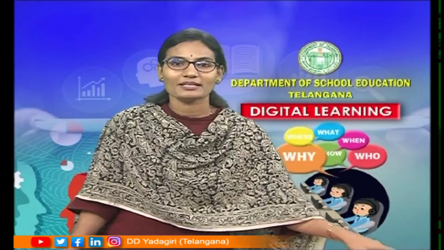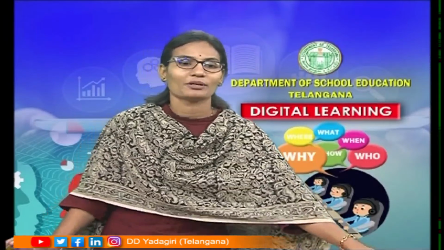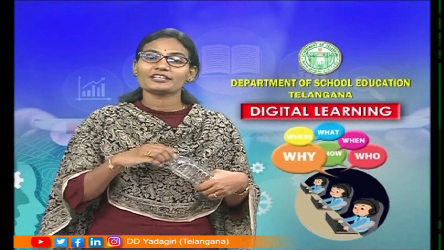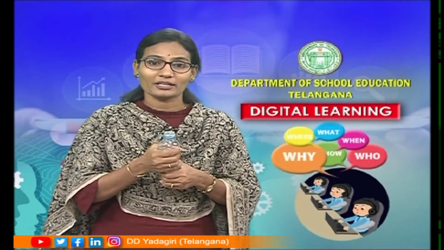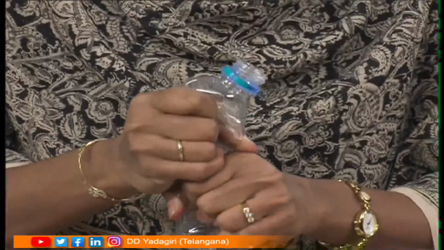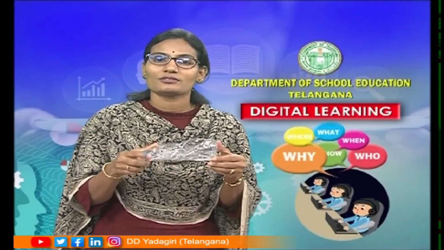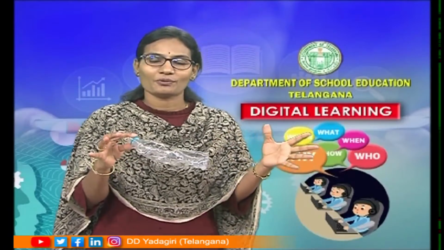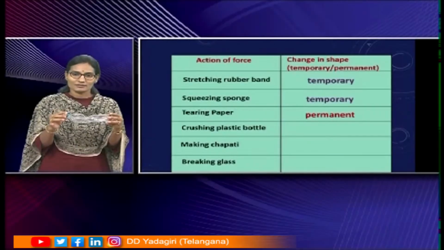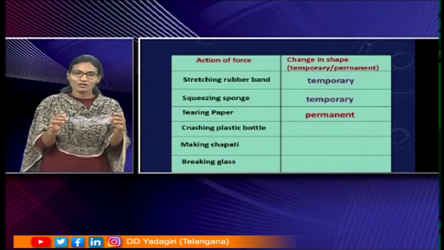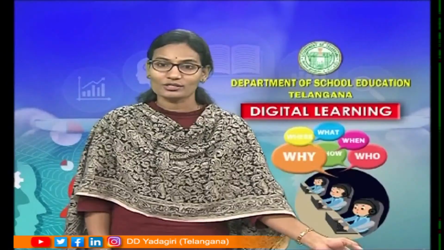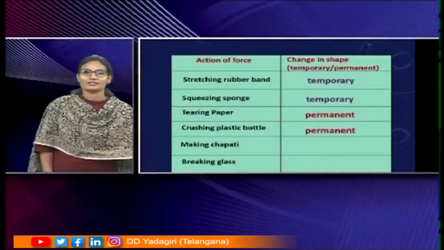The next example is crushing a plastic bottle. Children, after drinking, you have to crush the bottle and release the force. Does it regain its original state? No. So this change is also a permanent change.